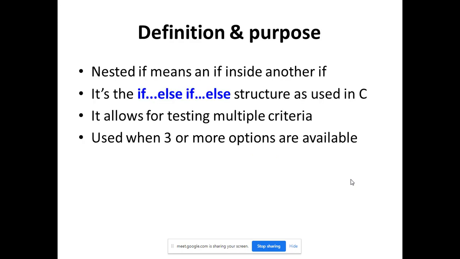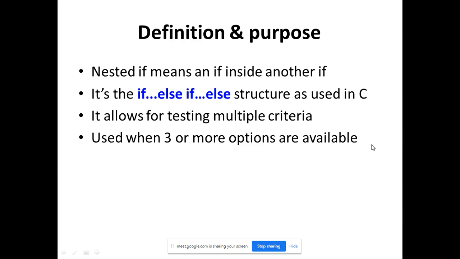Basically, if-else-if means it is a nested if, and from the word nested, it means it's an if inside another one. But when we are programming, we will use the structure: if, then something comes in between, else if, then something comes in between, and then we finish with else.